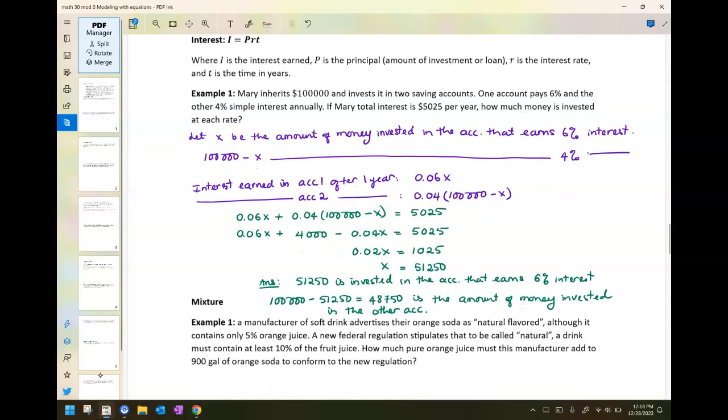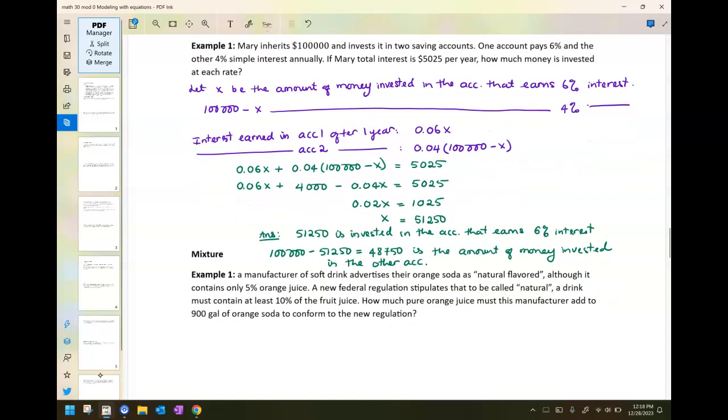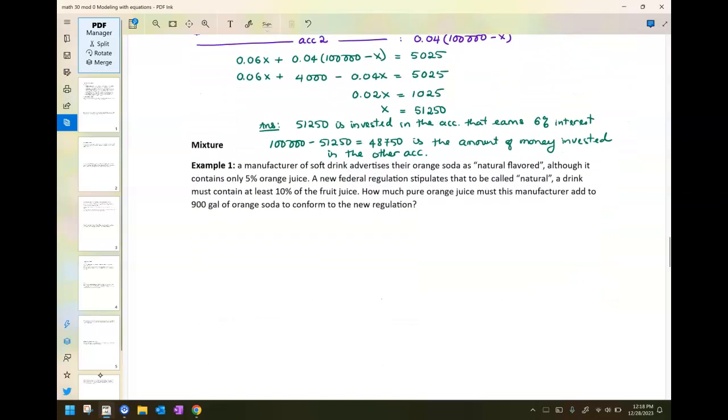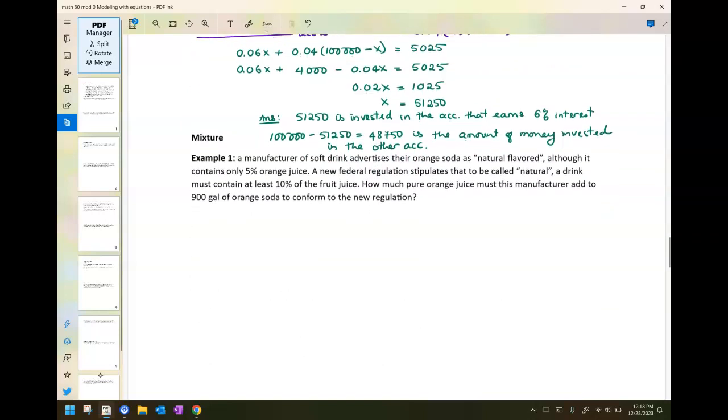We can use this type of formula to apply to this kind of mixture problem. So let's see how we do that. A manufacturer of soft drink advertised the orange soda as natural flavor, although it contained only 5% orange juice.